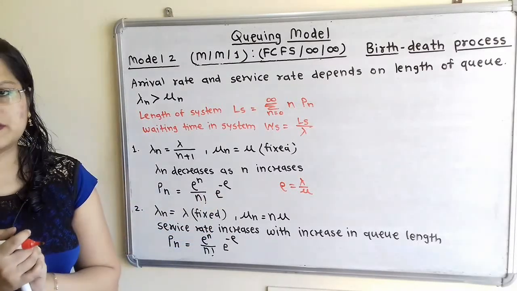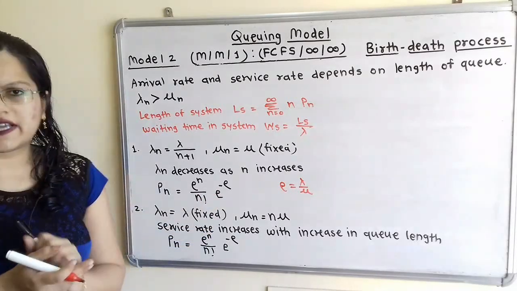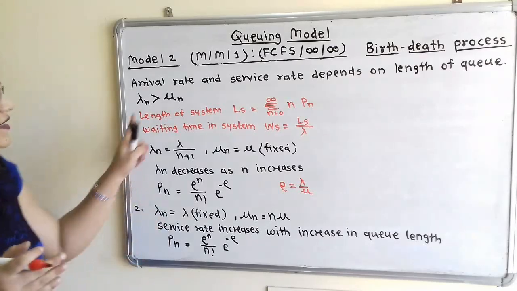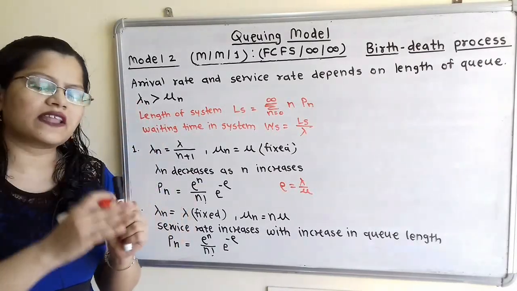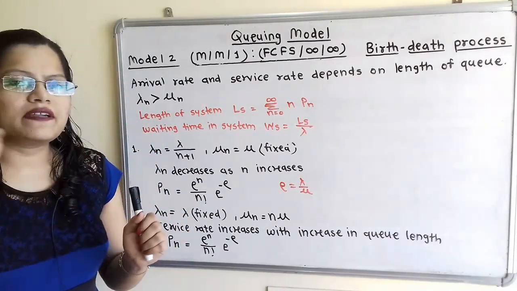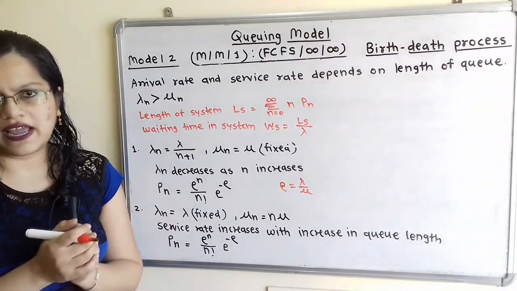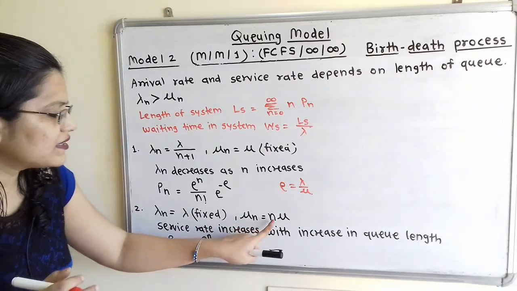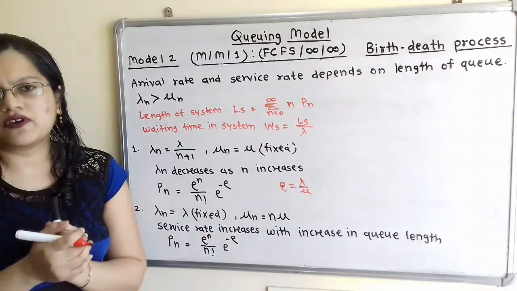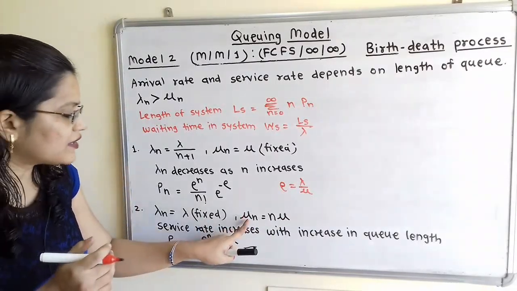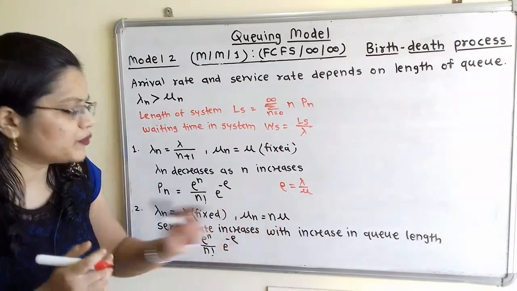Now we will move to the second case. In the second case, the arrival rate is fixed, that is, independent of the number of customers waiting in line, but the service rate depends on the number of customers waiting in line, that is, mu n is equal to n mu.